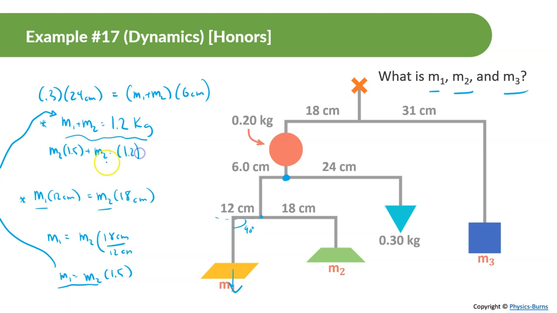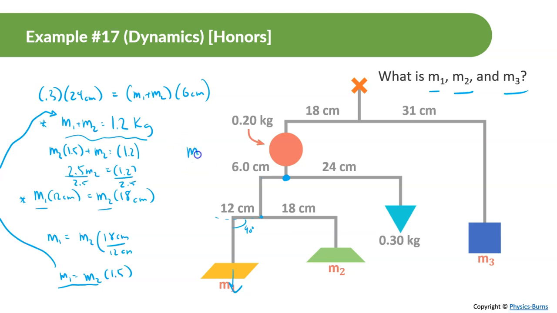Okay, so I have all this, and now let's do some math. So I have 1.2, and then I have M2 times 1.5 plus that. Now I'm going to combine these two. We have 2.5 M2 is equal to 1.2. And then I'm going to divide both sides by 2.5.